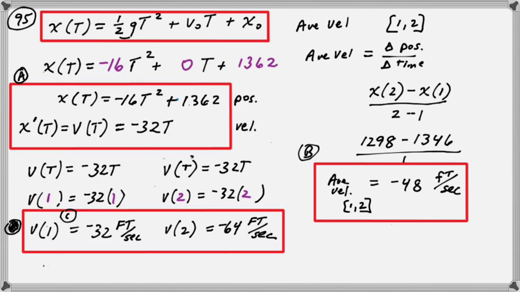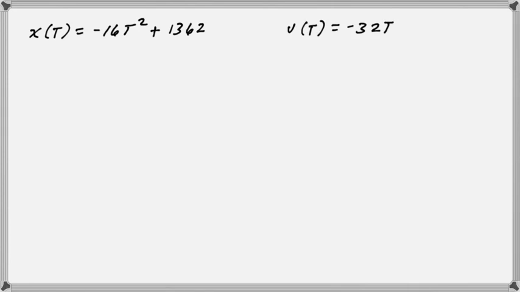So, if I copy over my position function, x of t equals negative 16t squared plus 1362. And my velocity function, I think, was negative 32t.